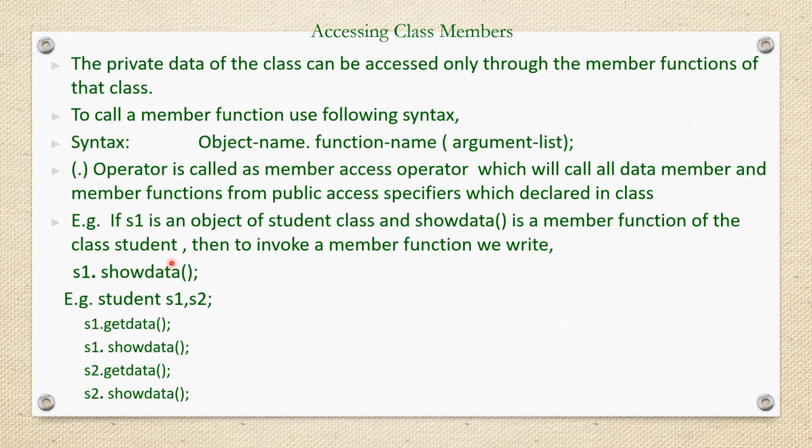Suppose S1 is an object and show data is a member function, then how will you call it? S1 dot show data. Now suppose you want to declare two objects, student S1, S2, and you have two member functions, get data and show data, then how will you call them? S1 dot get data, S1 dot show data, S2 dot get data, S2 dot show data.